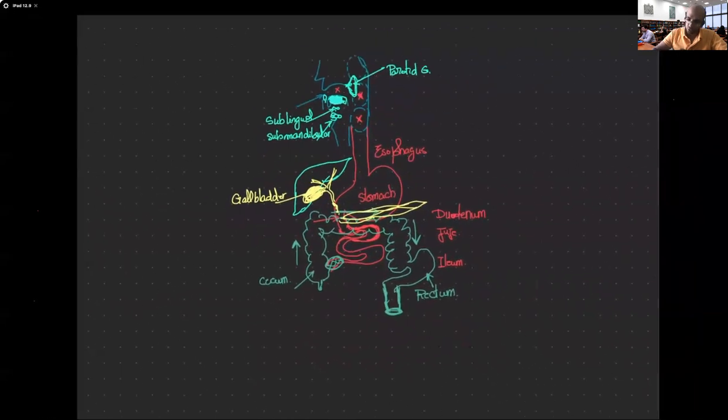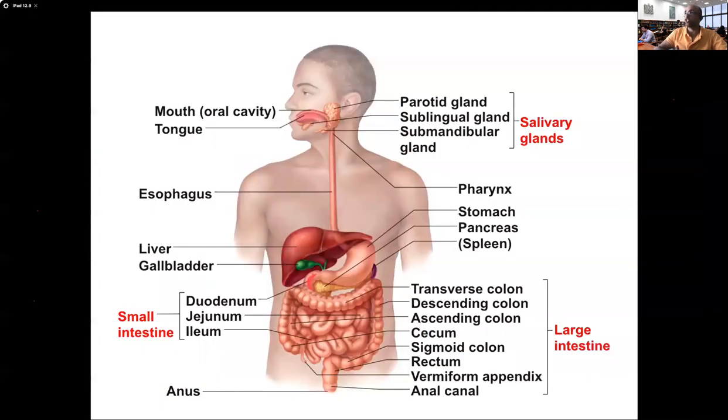So again, what are the different organs that will be sharing in the formation of the digestive system? We've got the gastrointestinal tract first, starting with the mouth, pharynx, esophagus, stomach, small intestine with three parts. The most proximal part, the C-shaped part of the small intestine, is the duodenum.